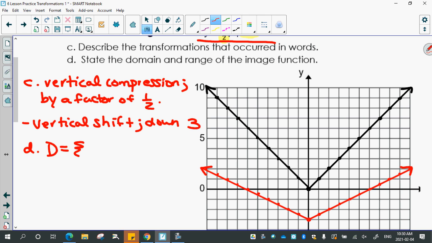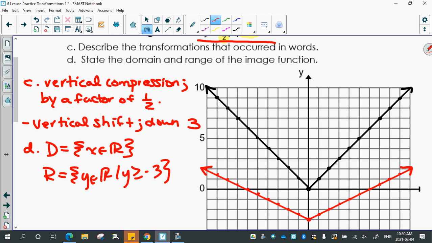All real numbers? Yes? Okay. And what about range? All the way down here, not on the graph until -3, yep. Any real number that is greater than or equal to -3. Good. Okay. All right. Excellent.